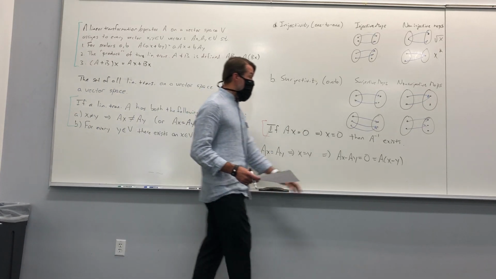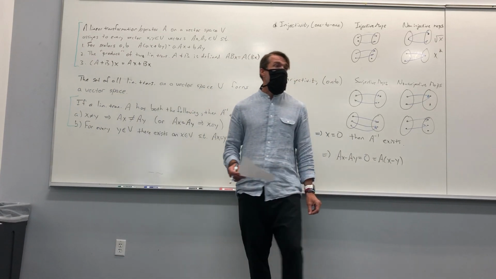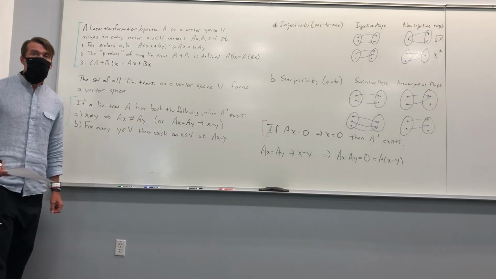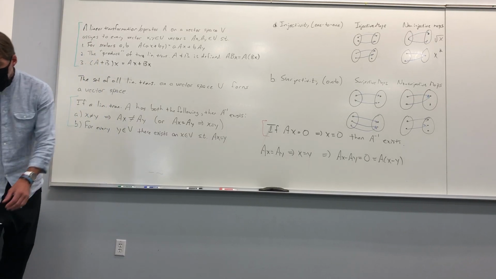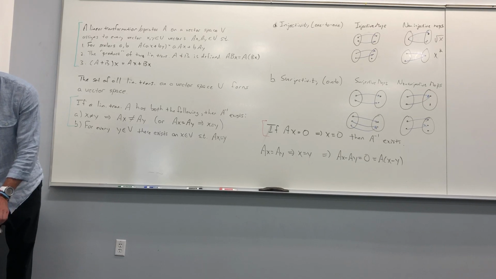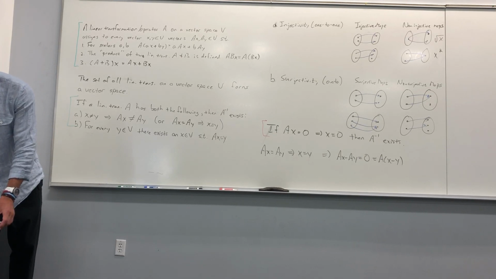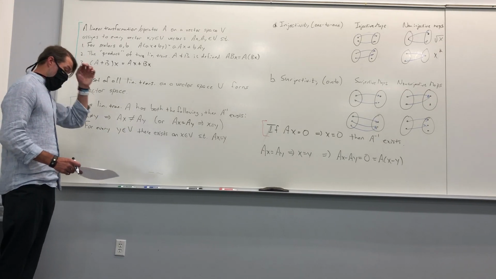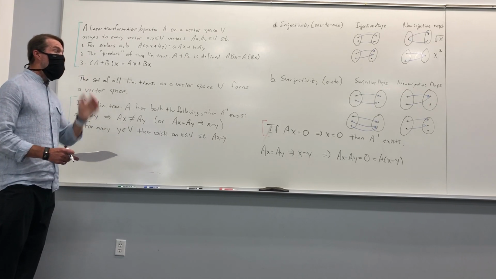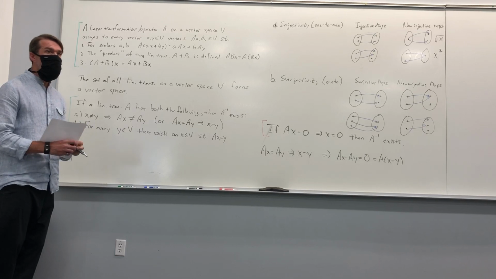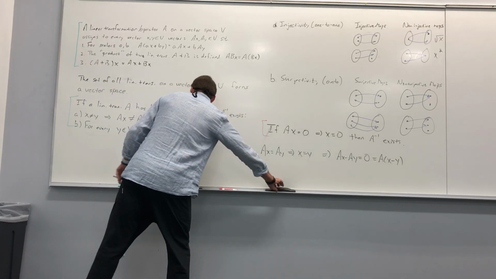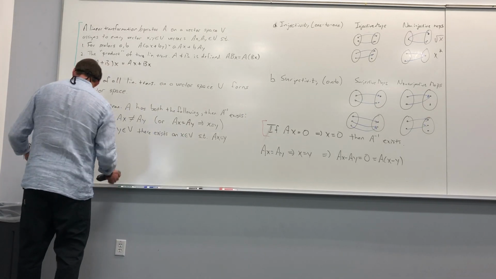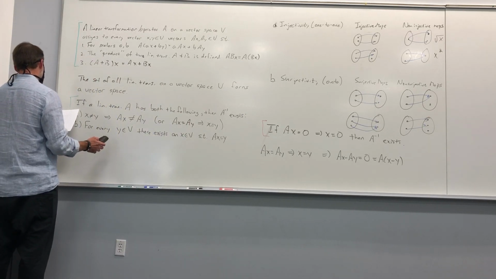But if A is invertible, this means that X minus Y is 0. That is, X is equal to Y. Are there any questions?